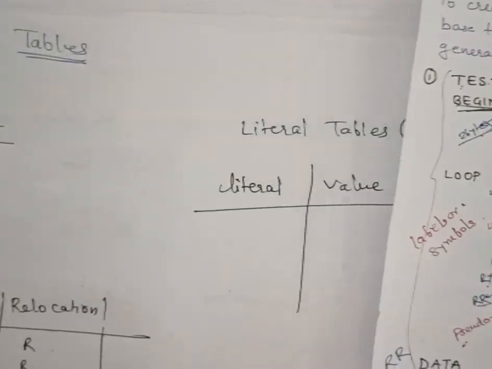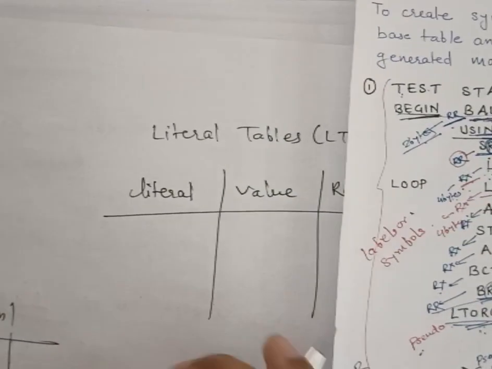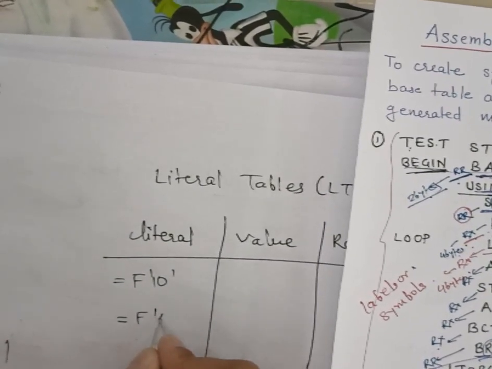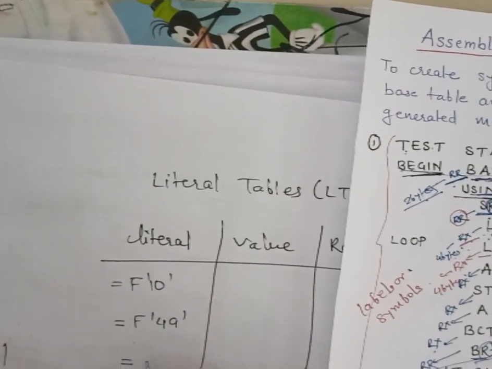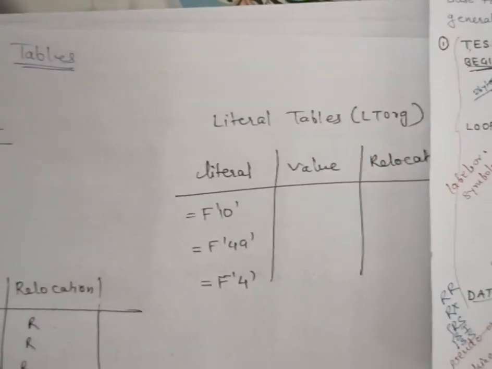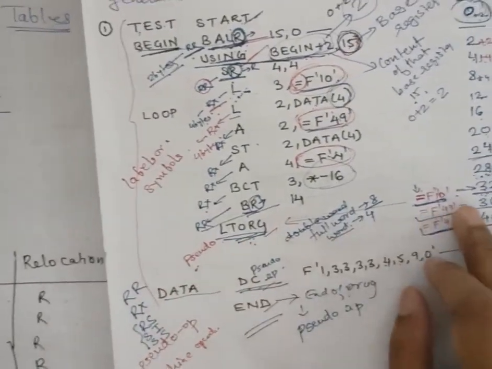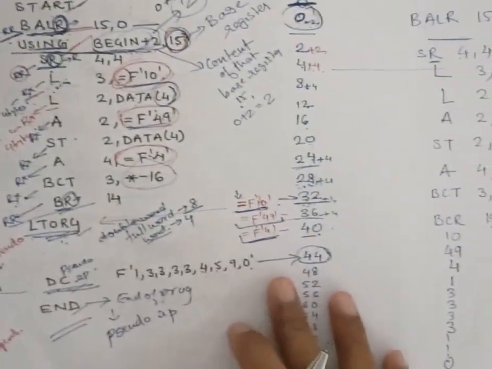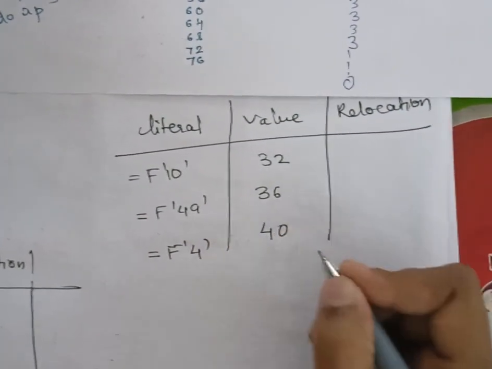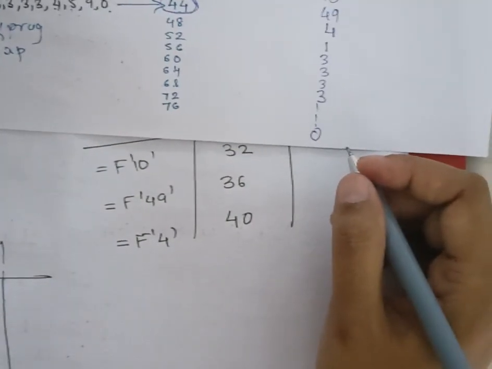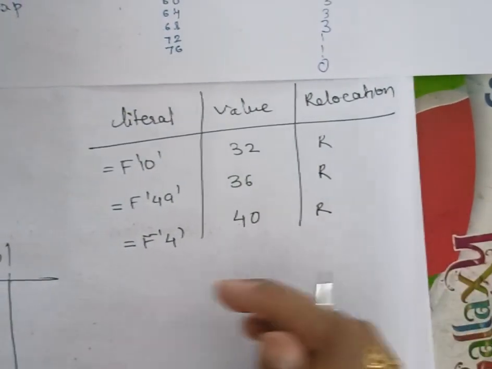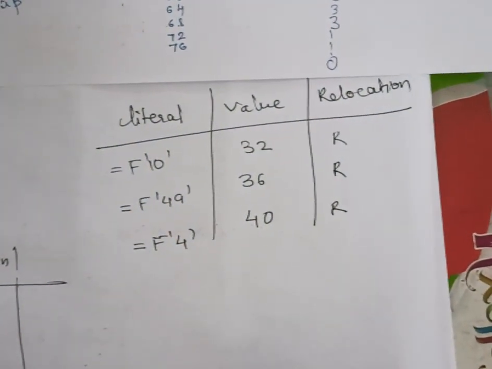So the literals are F of 10, F of 49 and F of 4. The locations of the literals we get from the LTORG, that is 32, 36 and 40. And again, the relocation is relocatable rather than absolute, because we may use them somewhere in the program.